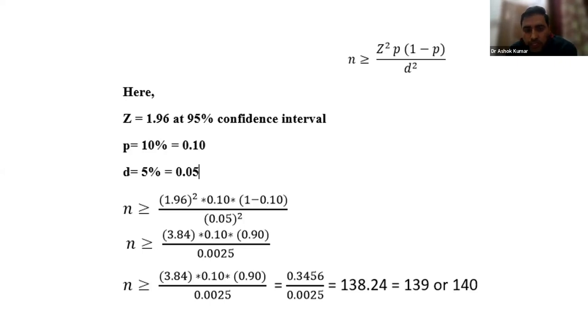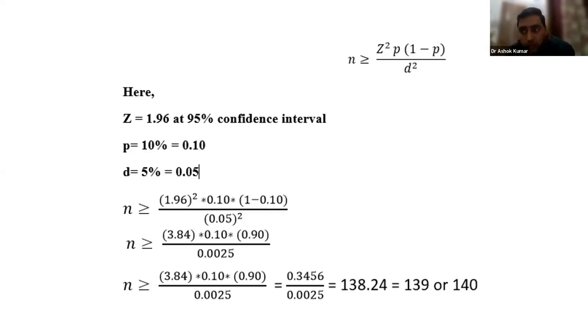In your study, you can change P here, you can change D here. But Z square is a constant, 1.96.